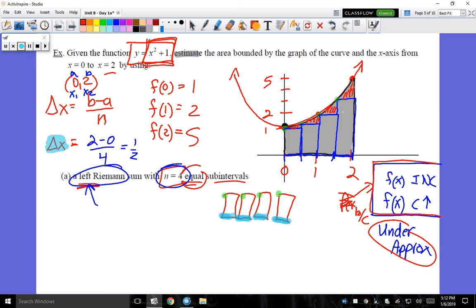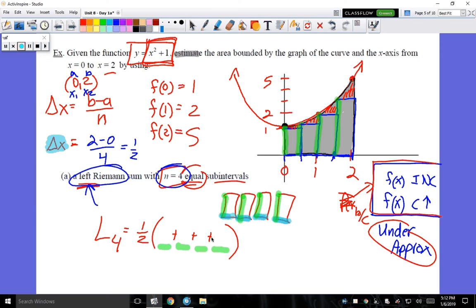So let's go ahead and calculate this. It's going to be left sub 4. They're equal subintervals of 1/2. And all I have to do is find what are these left 1, 2, 3, 4 heights. That's what I'm looking for. So let's go ahead and calculate the first one.